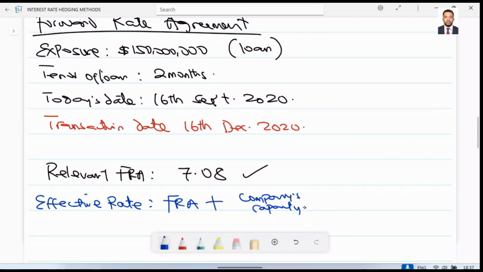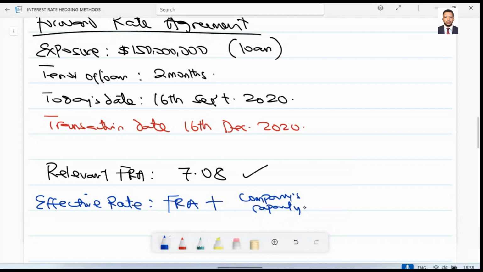FRA is the rate that we are determining now for the future. They are not the same. LIBOR is the rate now, just like your spot. In interest, LIBOR is the spot. In currency, spot is the rate as of now. You understand? All right. So let's go to the question.